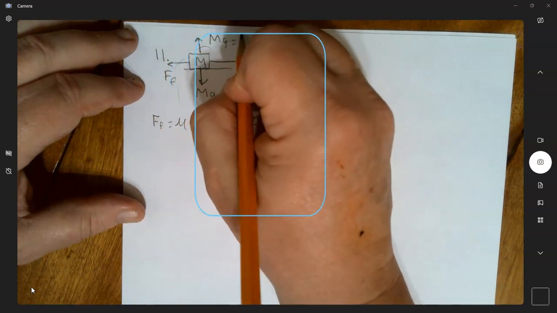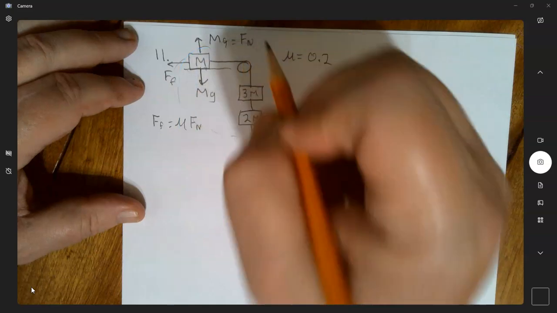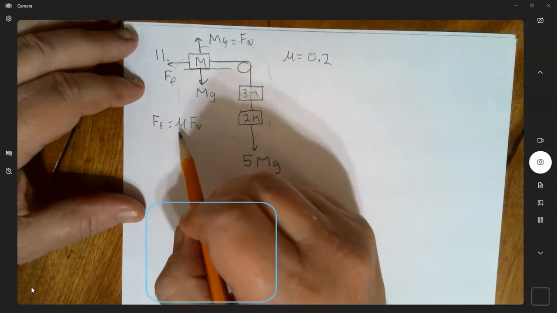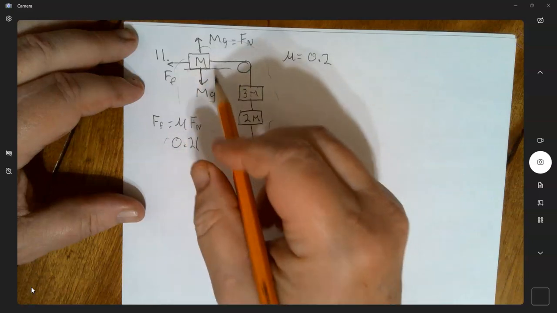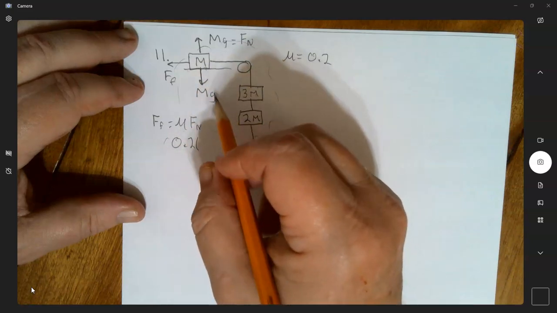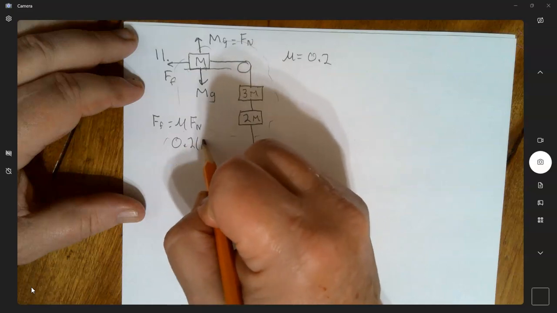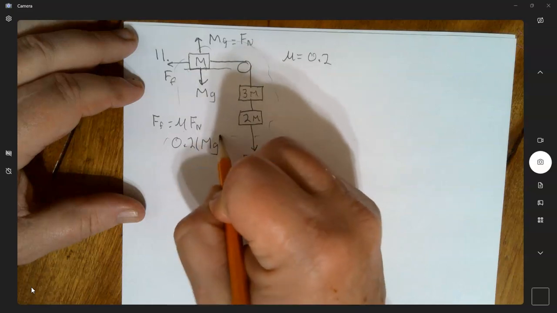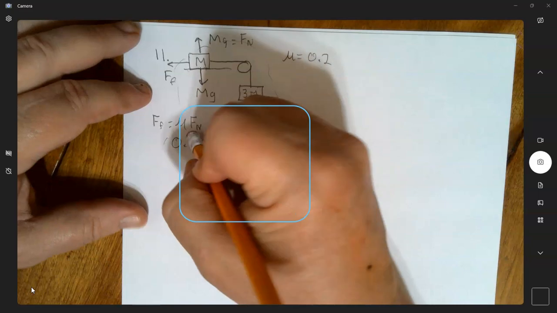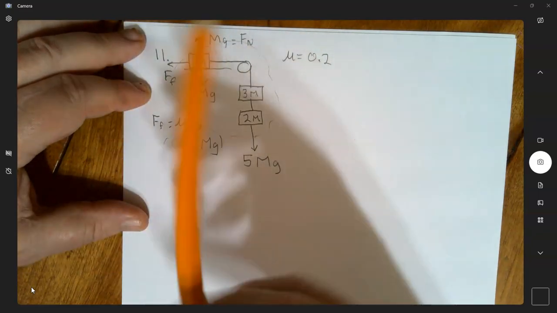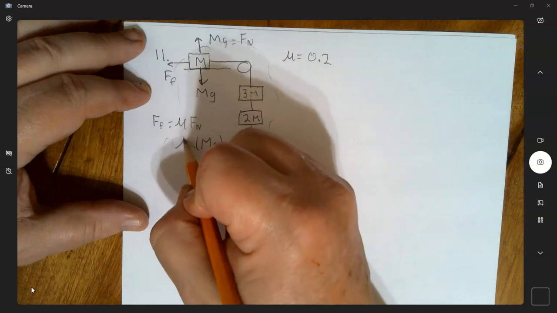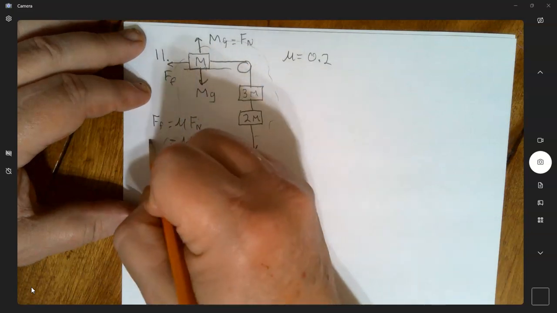So this equals Fn, the normal force. So we plug in mu is 0.2 and mg. Actually, let me keep this as mu. I'm going to write it in the general form until we get to the very end. Learn to write in variables. So mu mg is the friction force.